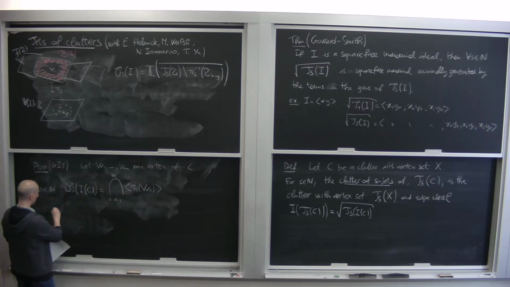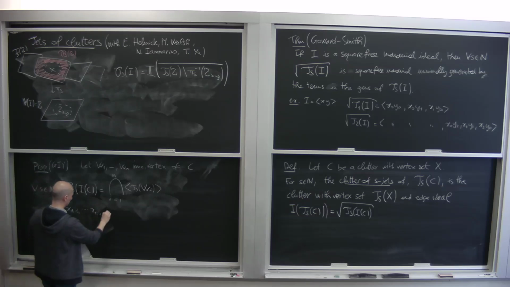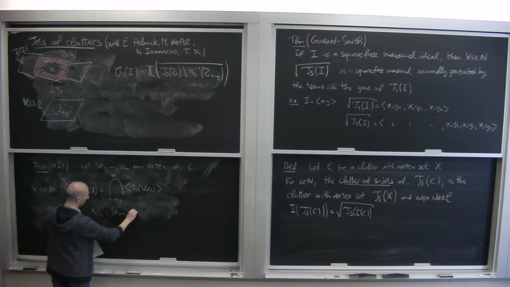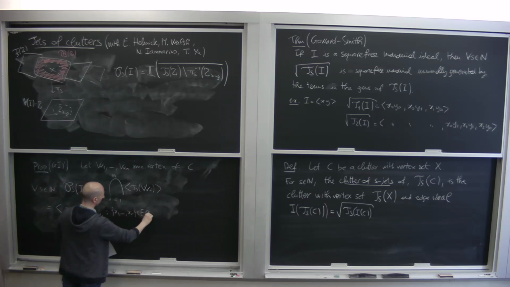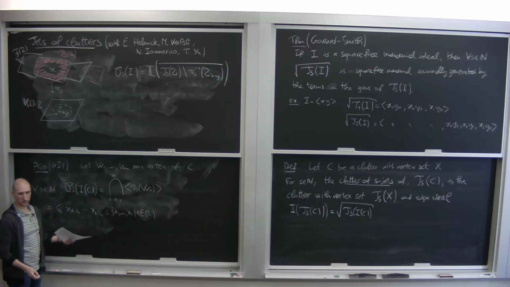Or the description with the generators is you'll have a generator x1,I1 through xr,Ir whenever you had an edge of your original clutter, and the other indices, the ones that index the jet variables, can be anything you want.